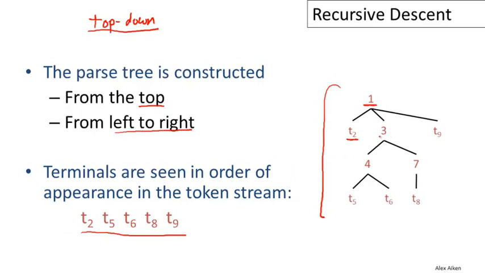But then if we have a non-terminal in the next position, that will be number 3. And then if that has children, the leftmost one, because we're going left to right, will be the 4th thing to be generated. Let's say that the 2 children of number 4 are both terminals, so those will be the next 2 terminals in the input, and so on. The next thing that will happen is the second child of number 3, and then the last 2 terminals appearing in left to right order.